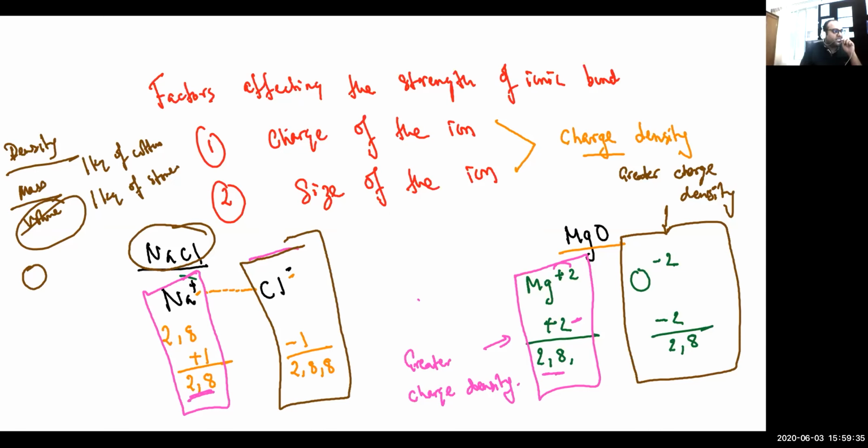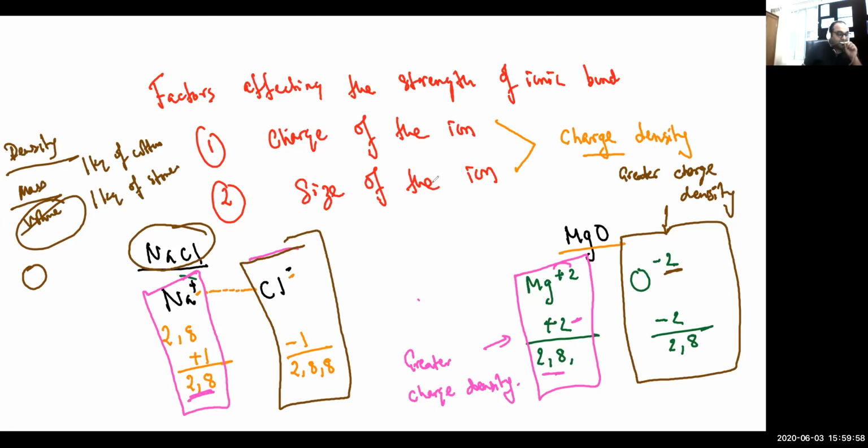The stone, right? So এখানেও দেখো যে অক্সিজেনের চার্জ বেশি, it has a charge of -2 and it also has less number of shells. So obviously our charge density would be higher.